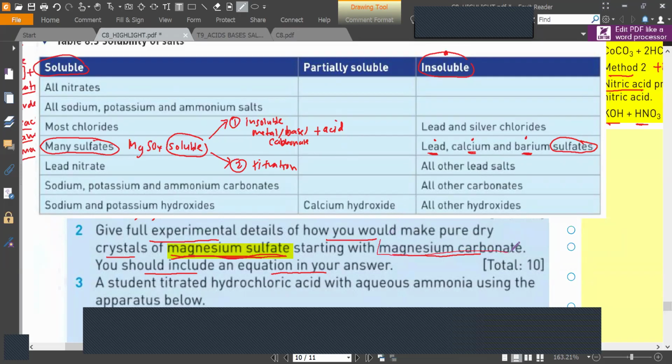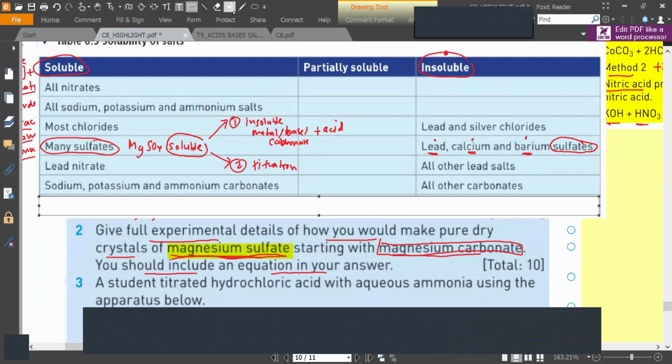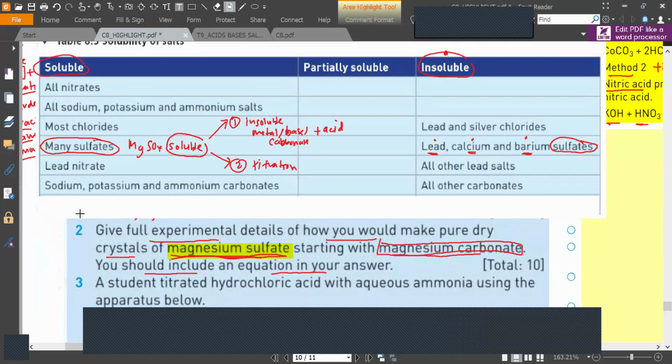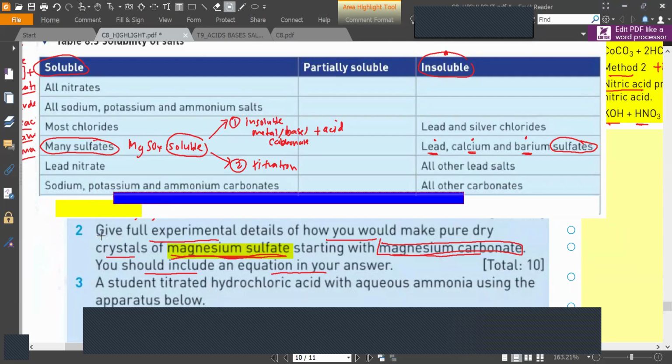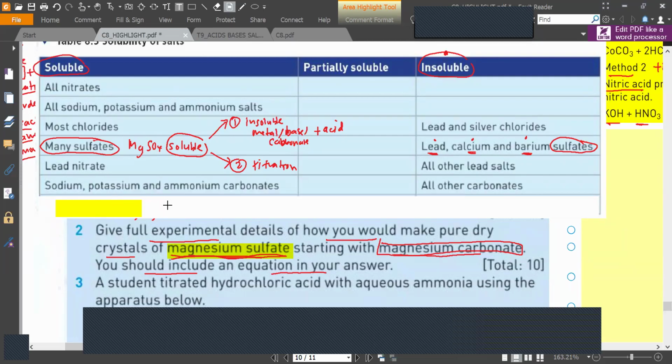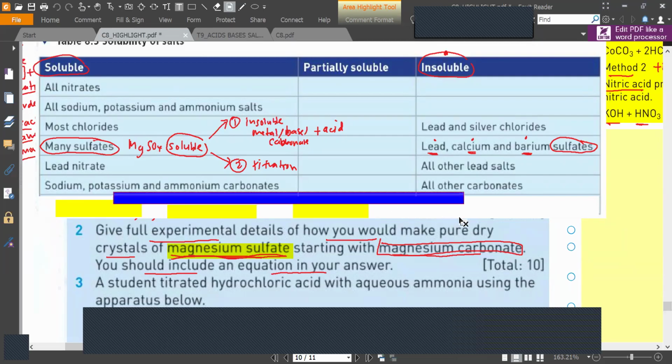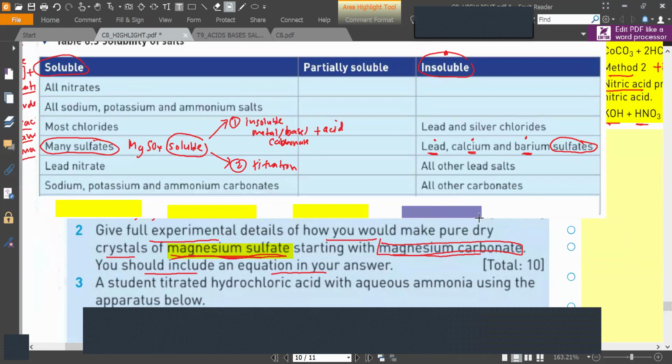We are starting with magnesium carbonate, so our situation is like this: we have two reactants and then three products.